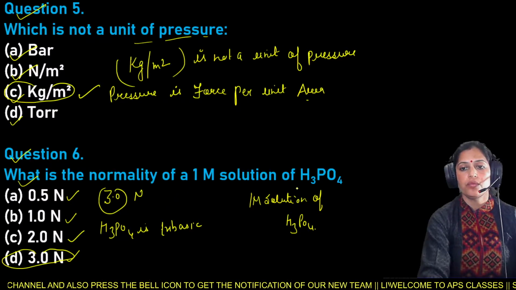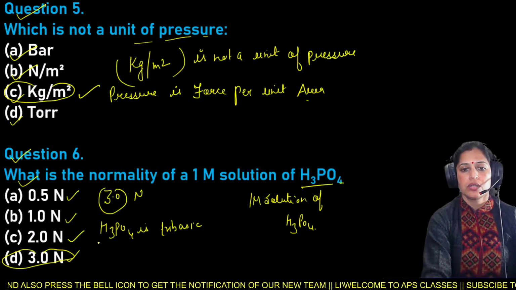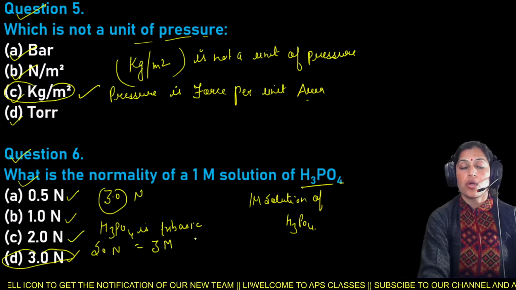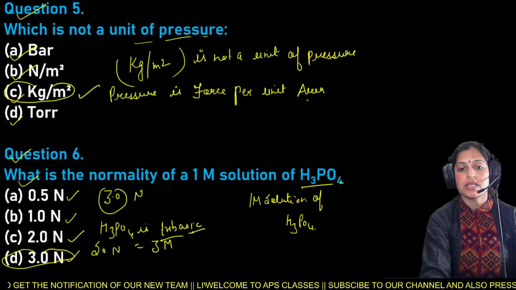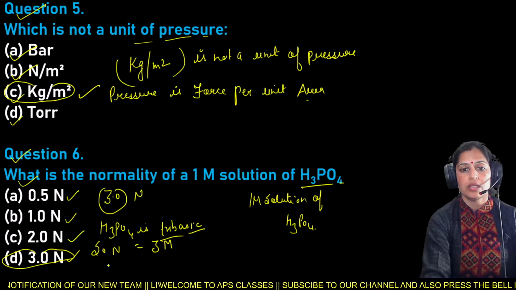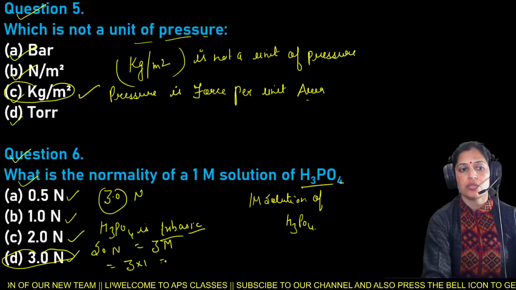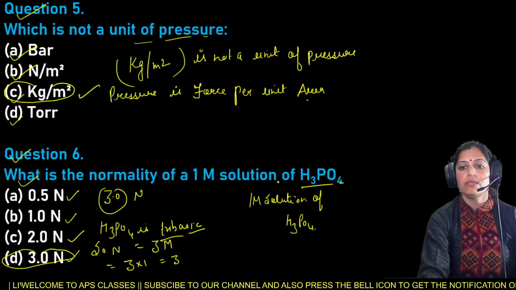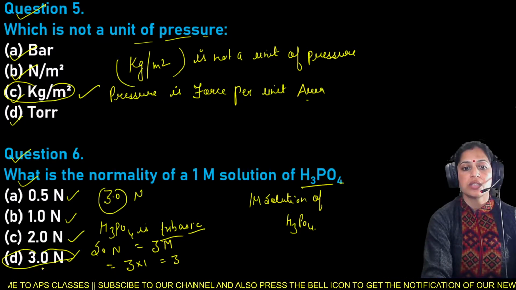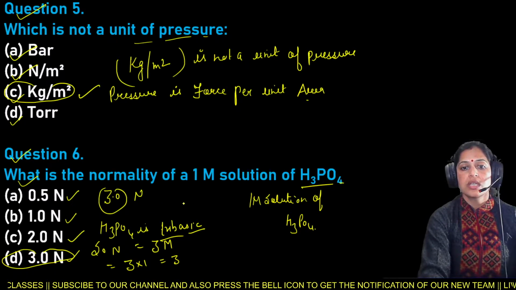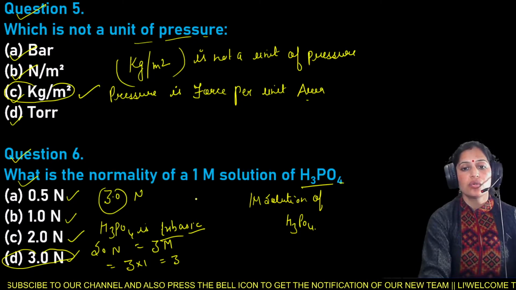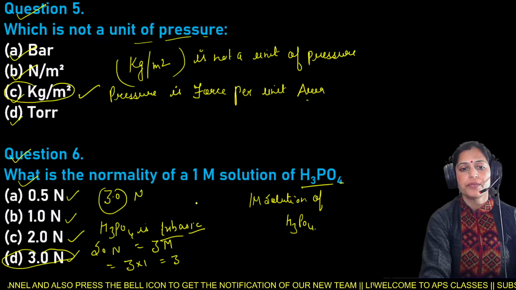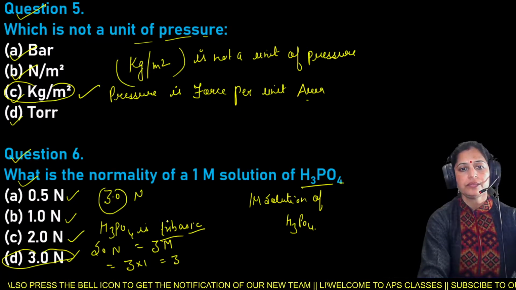So normality is equal to 3 times mole. The calculation comes out to be 3 into 1 is equal to 3. So this is the right answer.